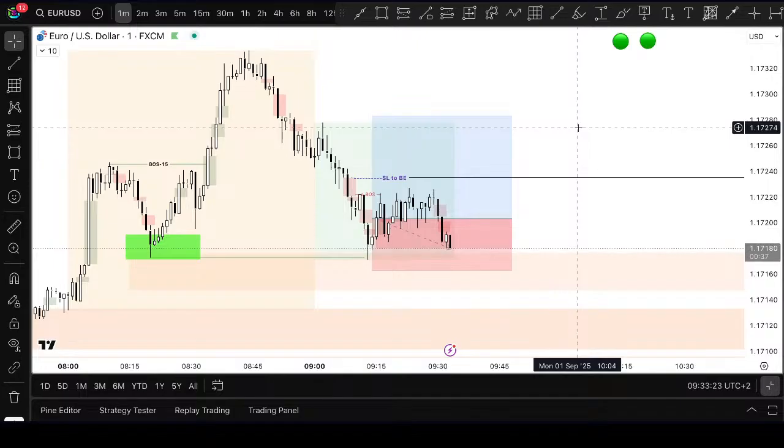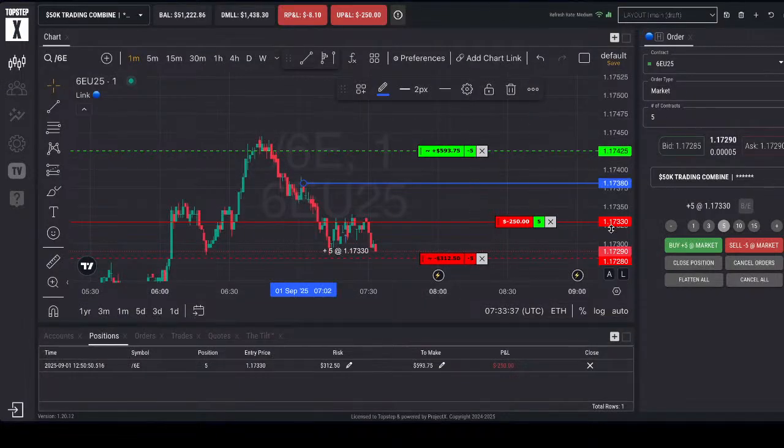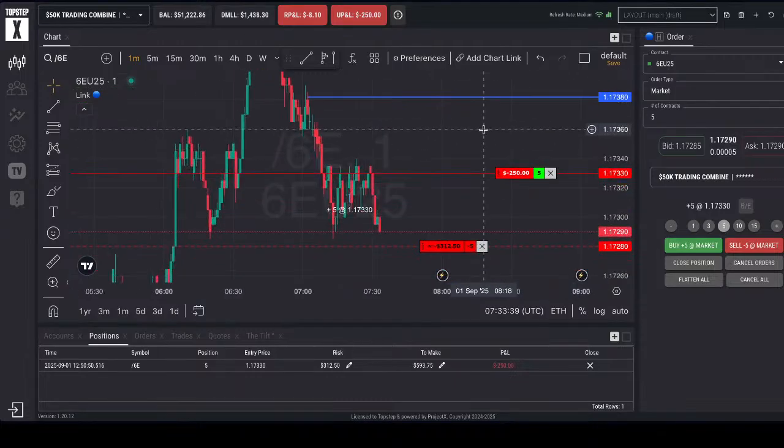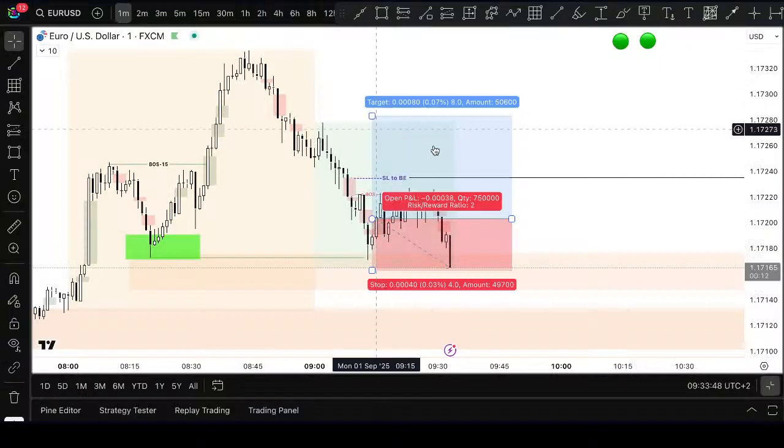Yeah, I think the trade is done. I don't think it has the ability to go down anymore to $50 in loss. Yeah, it's done. Order filled. That is that.